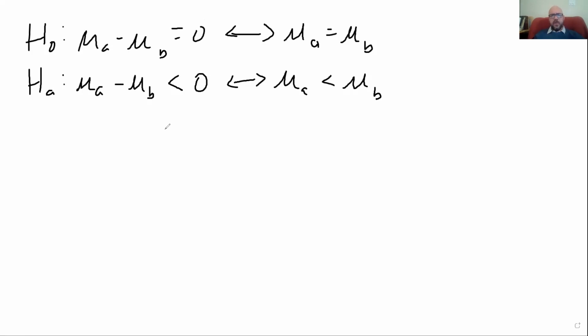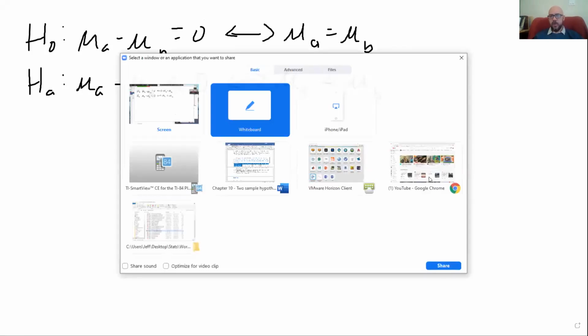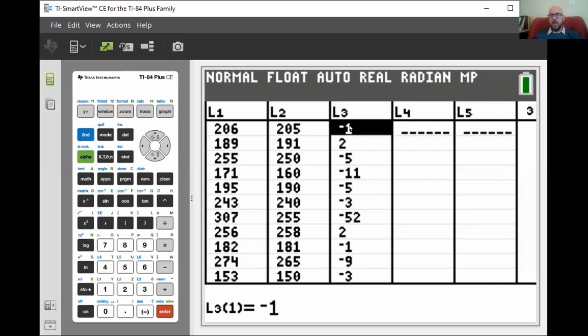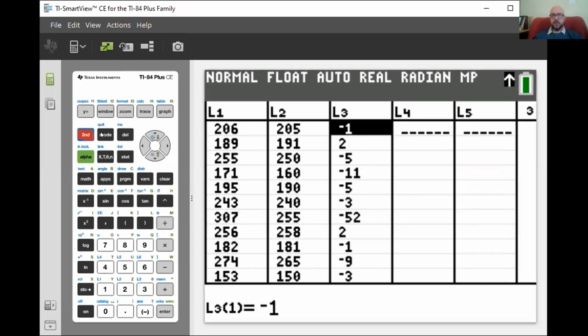And so what I'm going to check is mu A minus mu B. The differences are in L3. So I'm going to do a t-test on L3 to check to see if it is negative. That's all we're going to do. So let's go back to the calculator. I'm just going to do a t-test on this column. Let's do that.